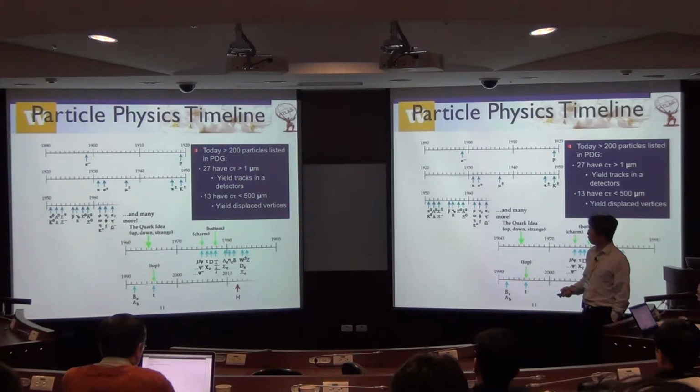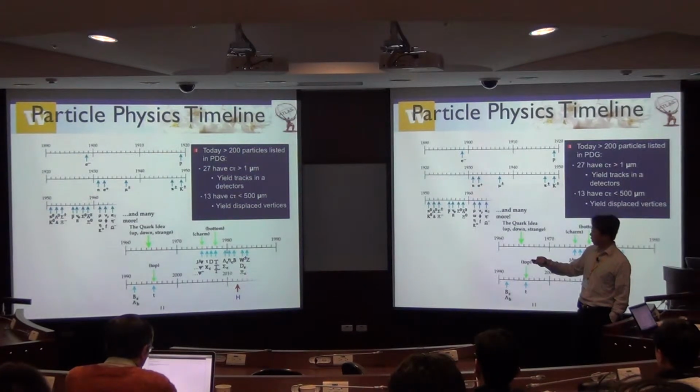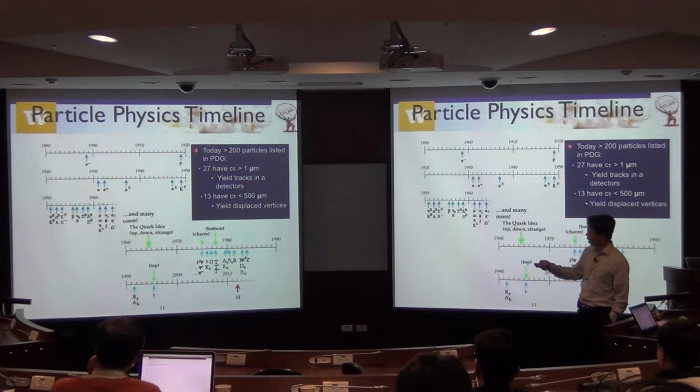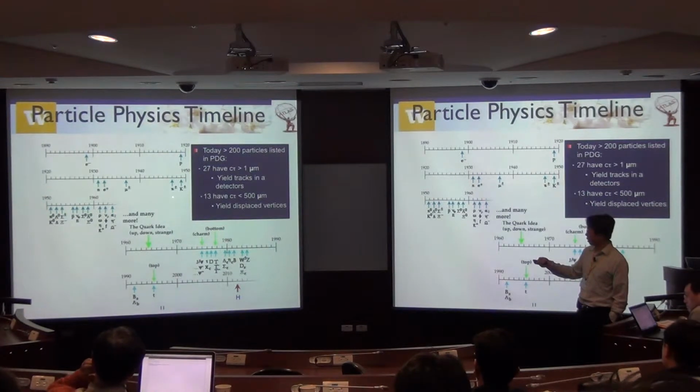In terms of detection, here I list a nice timeline of how different particles were detected and when.